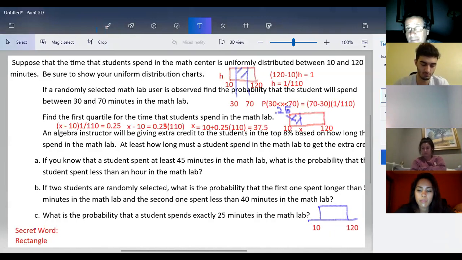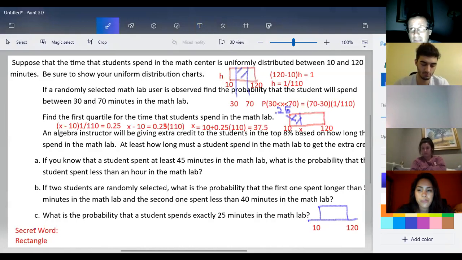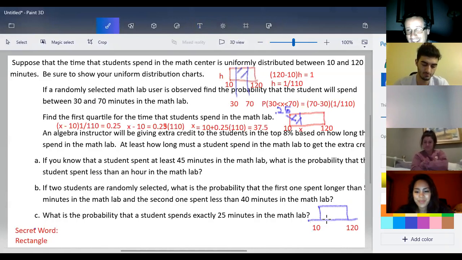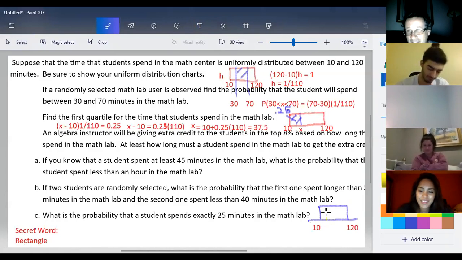And then I'm going to look at that rectangle and say, what does it mean to be exactly 25? What's the lowest number you could be if you're exactly 25? It's a stupid question. That's a hint. 25? Uh-huh. What's the highest number you could be if you're exactly 25? 25. Exactly. Is that a stupid question? In retrospect, if you draw the picture, it'll be really clear what's going on.